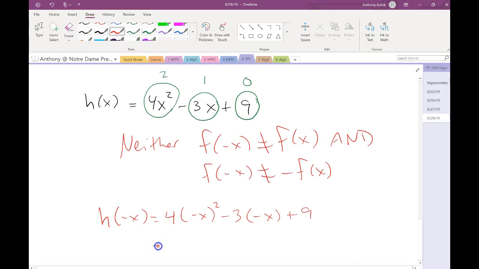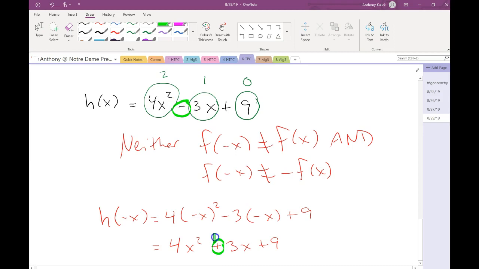And then I'll simplify. So negative x squared, negative times negative is positive. Negative 3 times negative x, again, is positive. And then positive 9, I don't have to do anything to. If I compare this to my original h of x, is it the same thing? No. What's different?